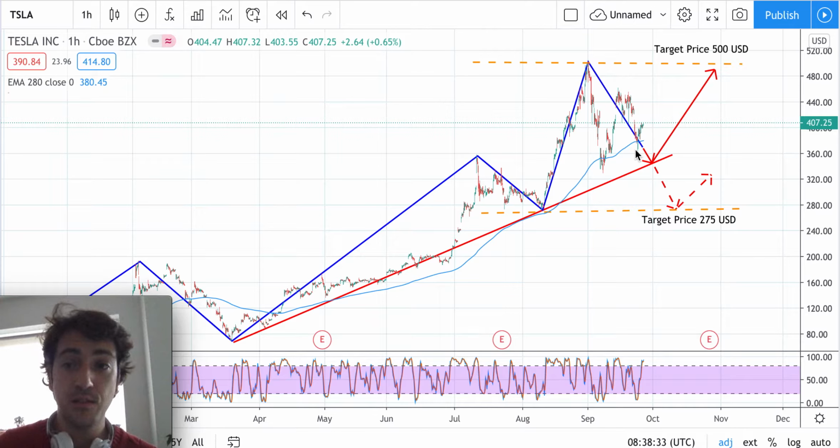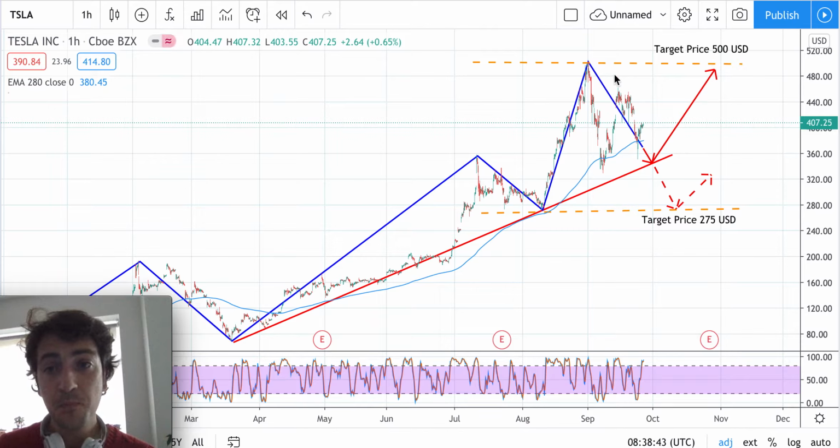even if the trend, because this exponential moving average worked as support, prices might keep going up to this target price of $500. But because again this peak is lower than the previous one, it might give us a weakness signal. So the option that the target price of 275 can be reached is still open.